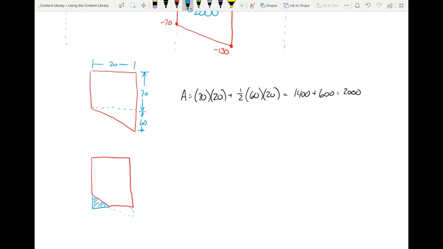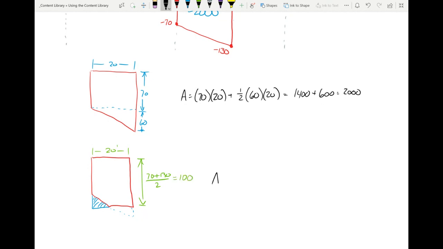And so really all I'm finding is the area of a rectangle that's 20 foot wide, and the height is the average of 70 and 130, which is 100.